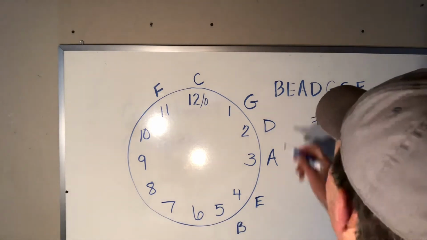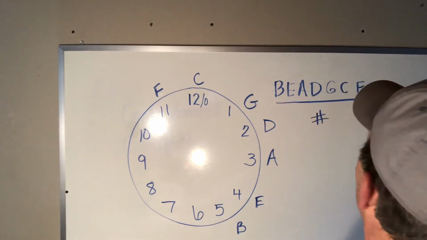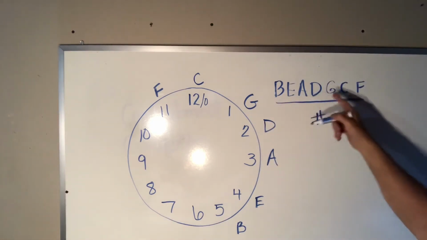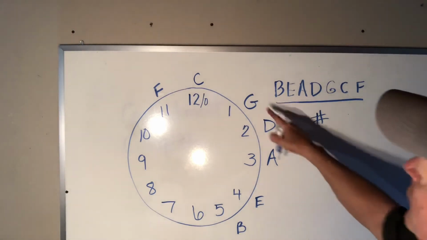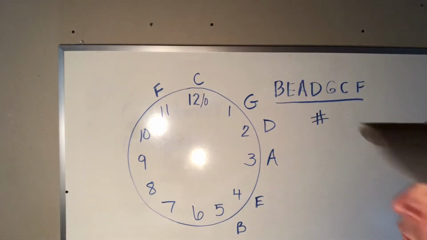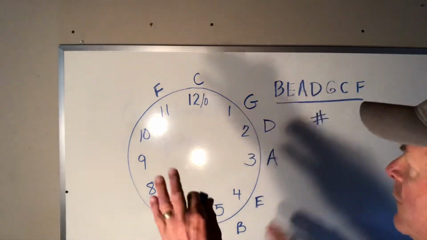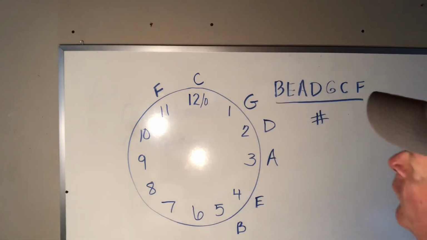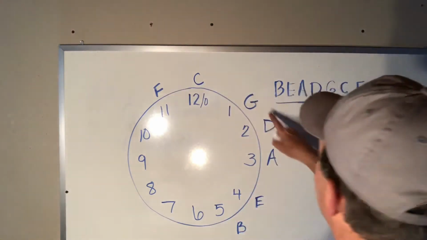So we set this up as bead, B-E-A-D-G-C-F. And in music, we're going to learn to use things forwards and backwards. So now going backwards is going to tell us what those sharps are.